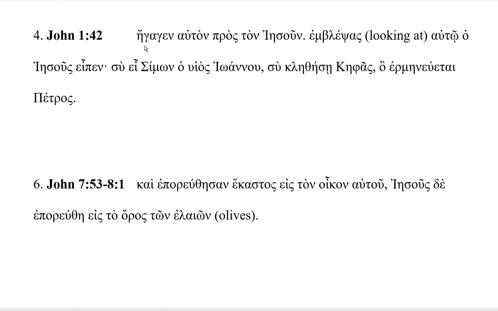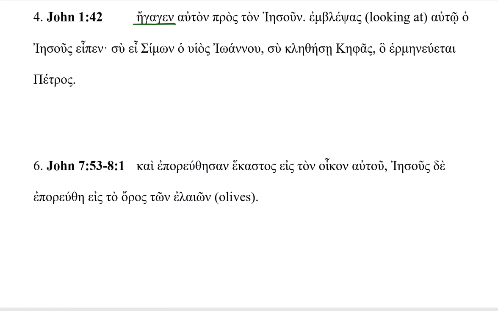We have egagen. This comes from the verb ago. The stem looks like it changes here. So it goes from the gamma to a gamma alpha gamma. So I suspect we're looking at second aorist. If you check it out, the imperfect for this would be again, the imperfect follows the stem of the present tense.